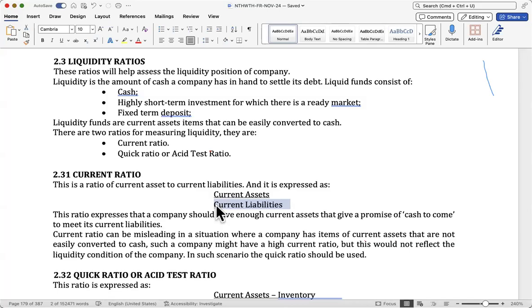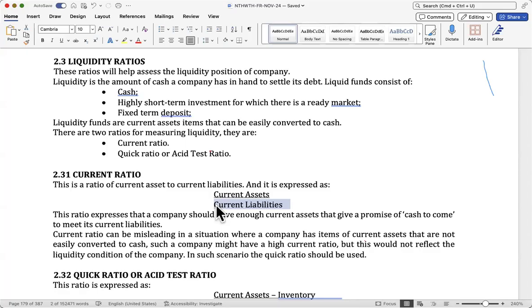If the industry is doing 3 to 1 and you are doing 2 to 1, you need to improve, because investors will rather invest in more liquid companies. You also need to compare with previous years, which is how your exam will come. To know whether ratios are good or bad, you need to compare them with a basis.